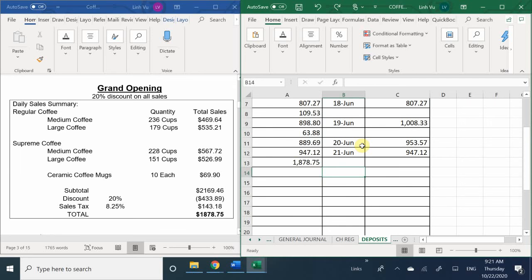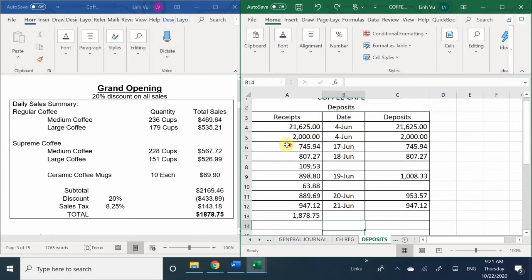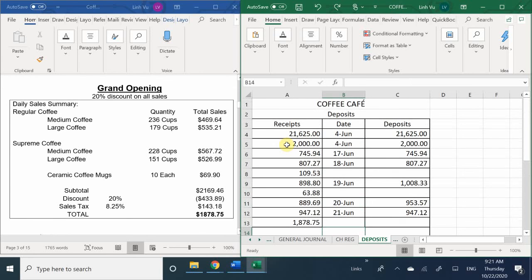So for your receipts, if you'd like to be more organized and record when you receive the money, that's only more beneficial to you. But in this sense, I don't care when I receive the money. All I care is when I deposited it. Okay, so you only put the date there under the deposits when you deposited.